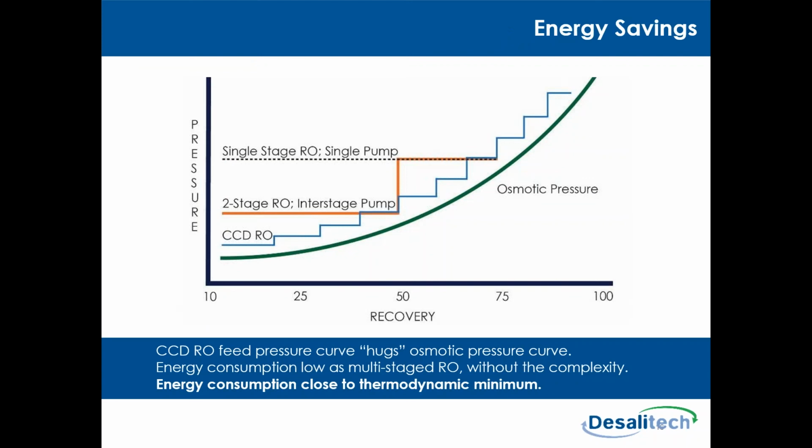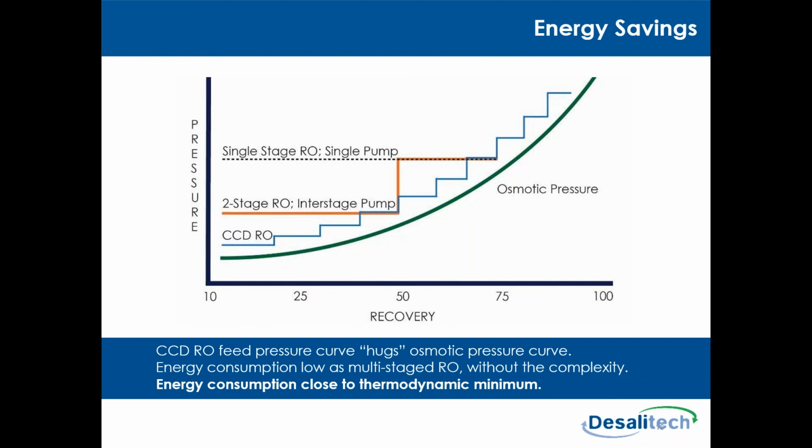add a second stage, follow the orange line, which steps up, and it starts at the first stage, gets half the recovery done, and then bumps up pressure to the second stage to overcome the osmotic pressure for the other half. So CCD works like a highly multi-staged RO system.